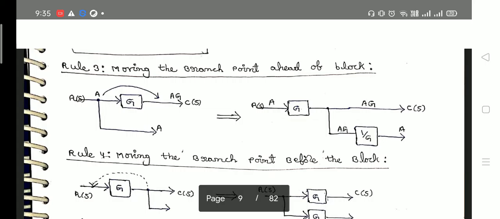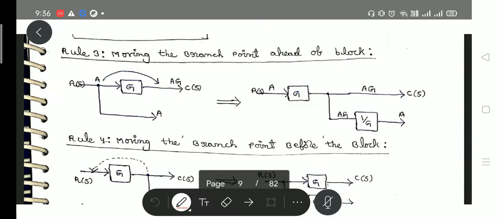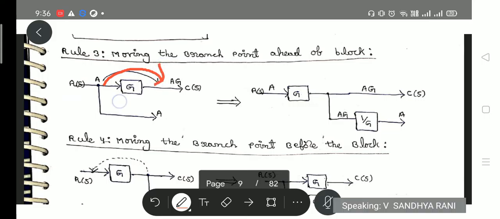Next, third rule. Third rule is moving the branch point ahead of the block, meaning after the block. I am shifting this branch point to after this G block.